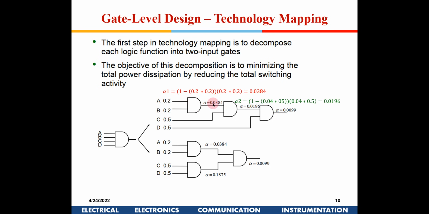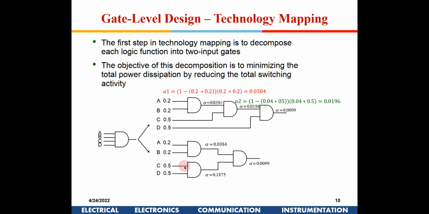So the probability that at this point it is 1 will be 0.2 into 0.2, that is 0.04. And the probability of this being high is 0.5. So I multiplied 0.04 into 0.5, that is both are high out here, and what's the probability of low? It will be 1 minus 0.04 into 0.5. I have erroneously written it as 0.05. So you get the activity cycle, and then you can compute similarly the activity cycle here.